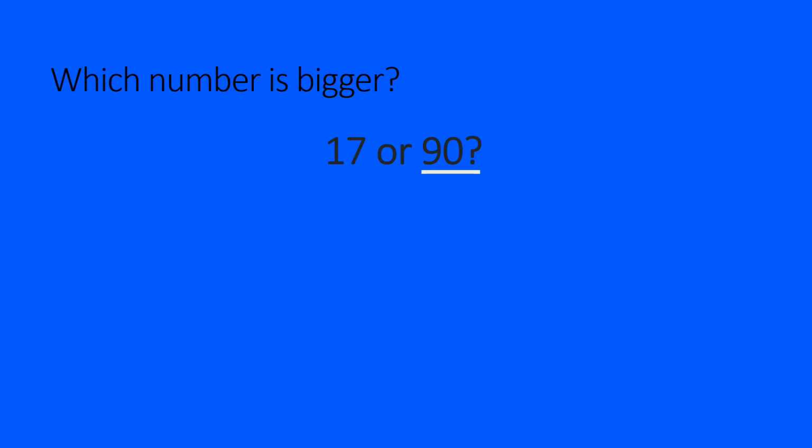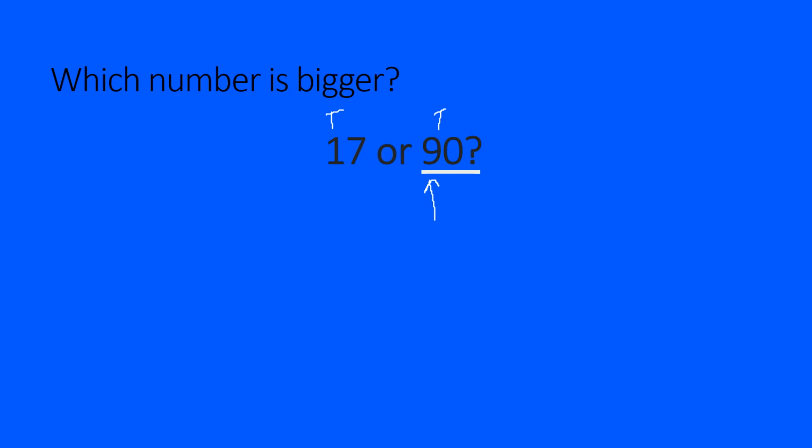When we're ordering numbers, you have to start with the column on the left, or the column with the bigger value. So we first look at the tens column of each number, because this is the bigger column. We compare the values in the tens column, and we can see that 9 is bigger than 1.